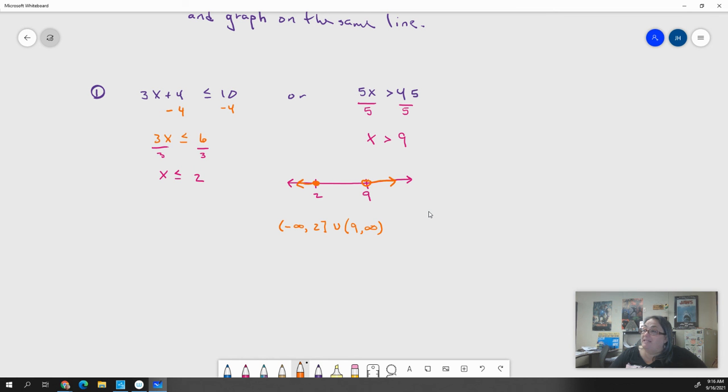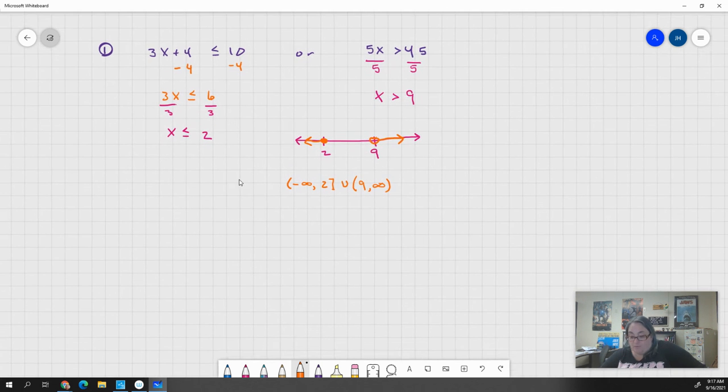That just means we connect these, right? Both of them are true. These are all of my solution sets, right? In the same respect that when I was dealing with, if I just had x is less than or equal to 2, all of the things that make that true are everything that's less than 2, right?